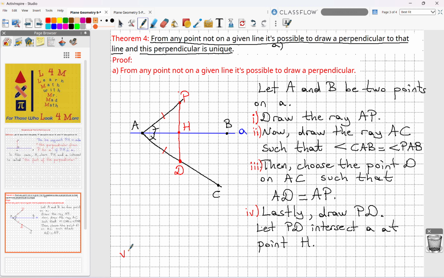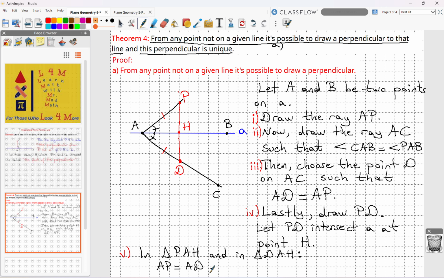Now, fifth step, I want you to look at these two triangles, PAH and DAH. In triangle PAH and in triangle DAH, I see that the length AP equals the length AD.